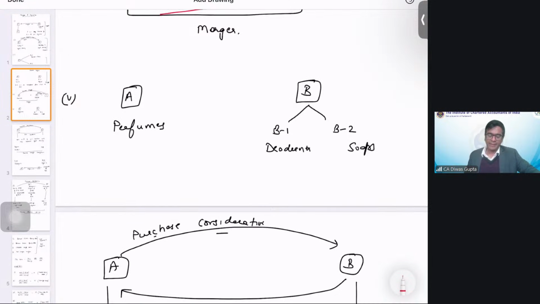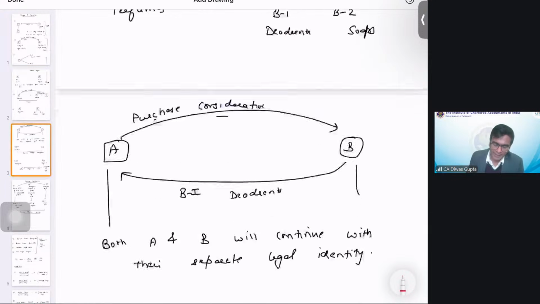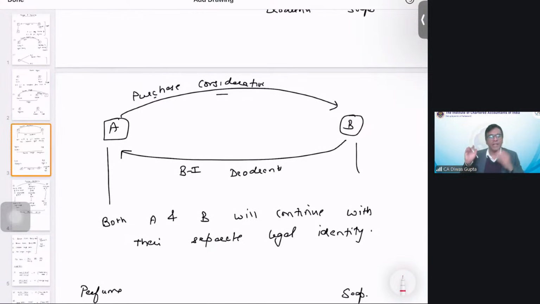Then the next case is there is a company called A which is into perfumes, and there is a company called B in which there are two businesses, deodorants and soap. Okay, so what happens here is that A and B both continue their legal identity, but A will purchase the deodorants business, which is related to, let's say, their perfumes business, from B, and A will pay the purchase consideration to B. Now, what is meant by purchase consideration, students?